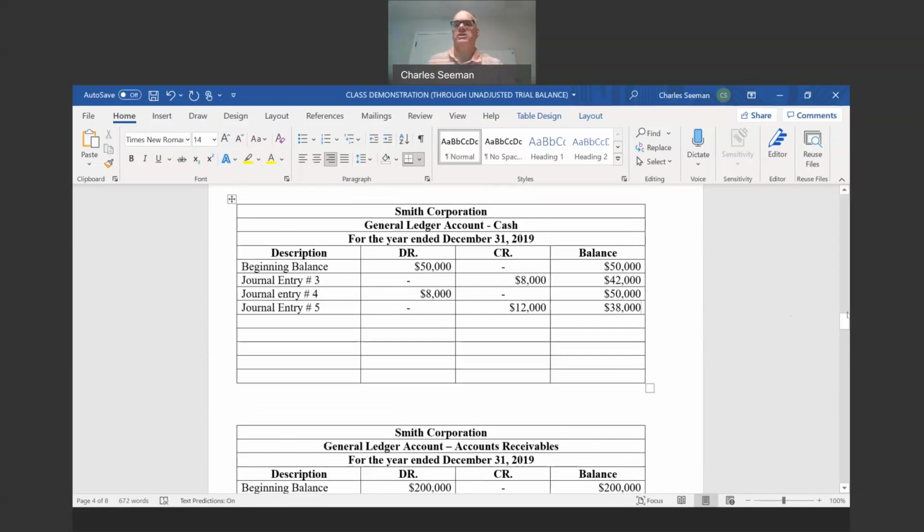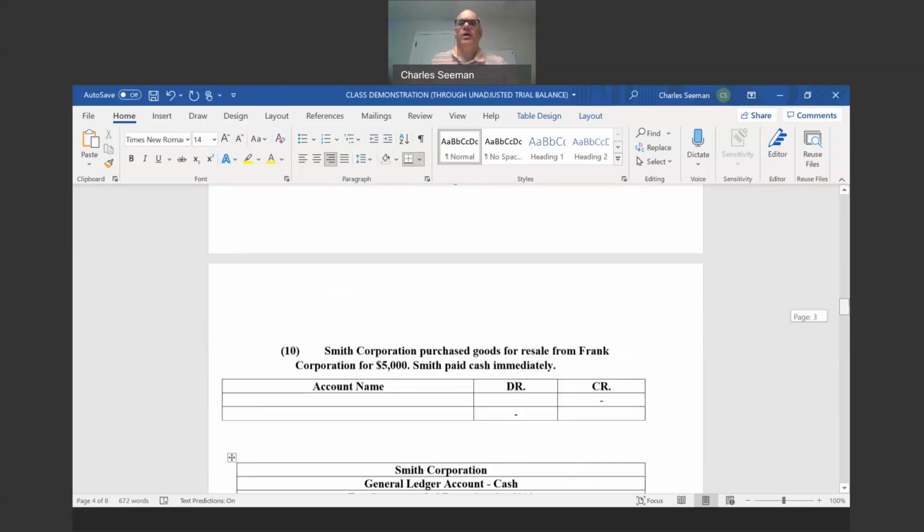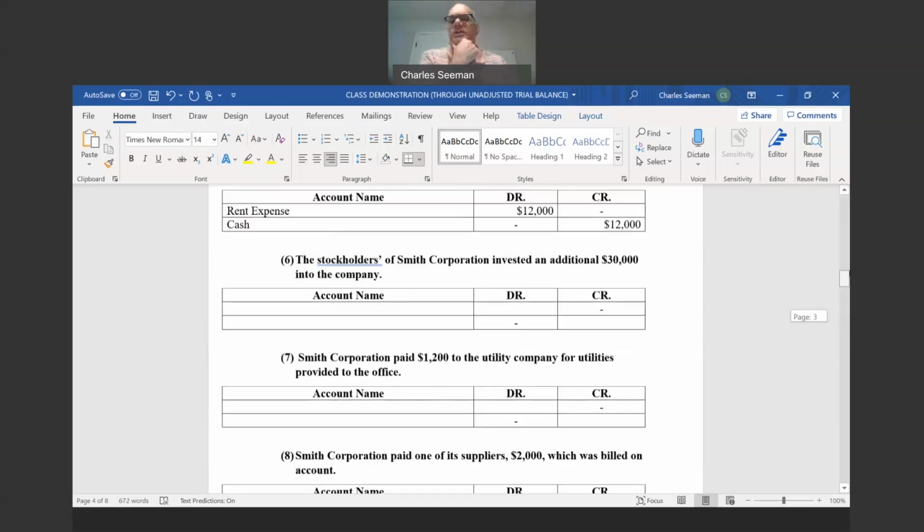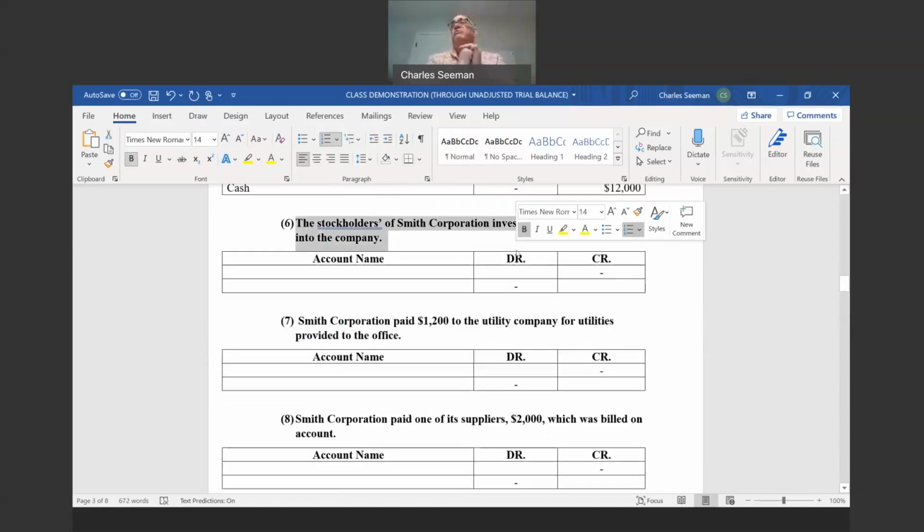Entry additional $30,000. What happened? The stockholders gave $30,000 worth of cash.